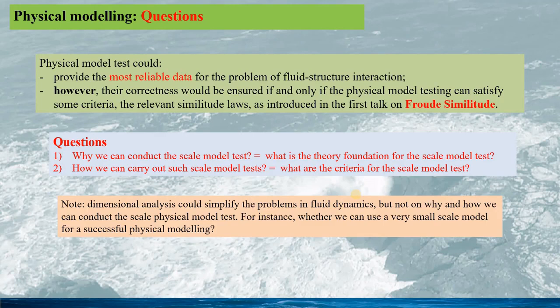For instance, for many fluid-structure interactions using dimensional analysis, the target forces would be a function of the Reynolds and Froude numbers. Hence, we do not need to study the relations among all the parameters, as we have shown in the first part of the talk. However, dimensional analysis does not tell us how we can meet all these criteria.